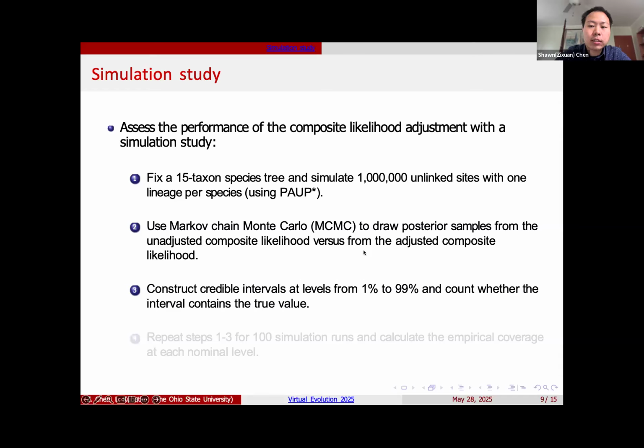Third, we construct credible intervals at different levels, ranging from 1% to 99%, and count whether the interval contains the true value. And fourth, we repeat steps 1 to 3 for 100 simulation runs and calculate the empirical coverage of the credible intervals at each nominal level.